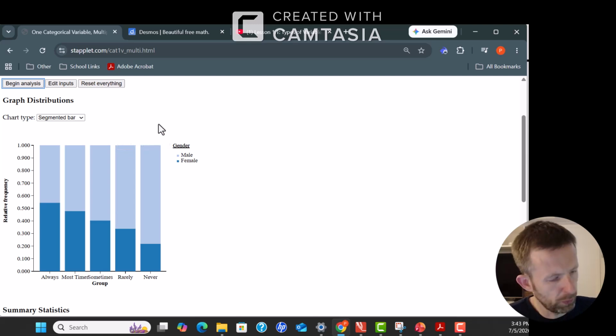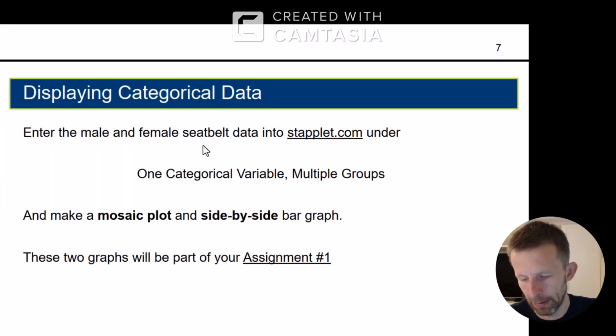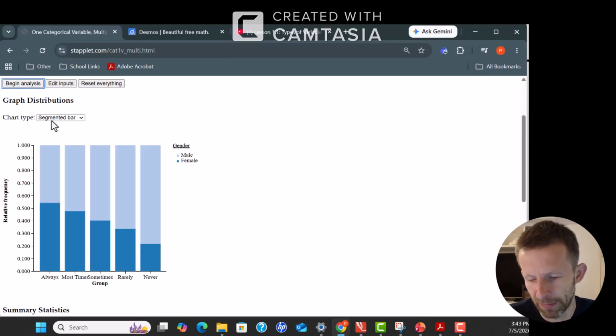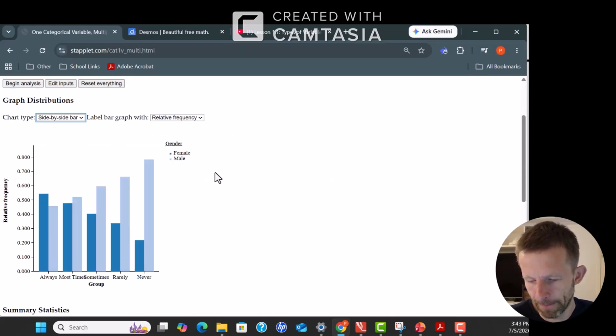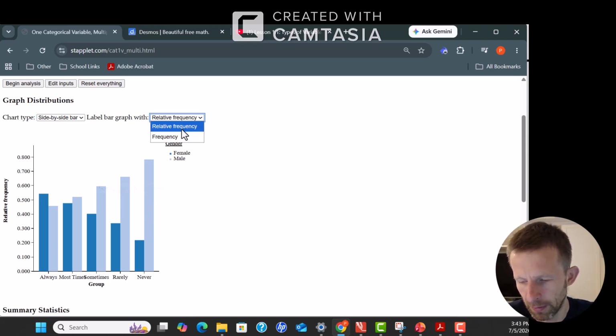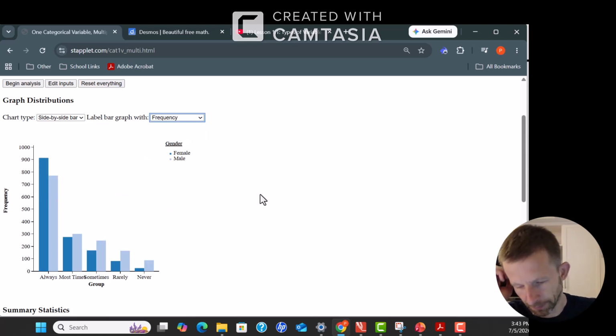So the two things that I will want you to include in your assignment number 1 are mosaic plots and side-by-side bar graphs. So let's start with a side-by-side bar graph. Let's do just general frequency.